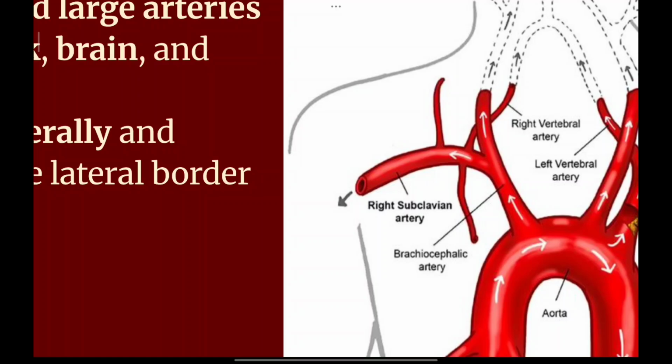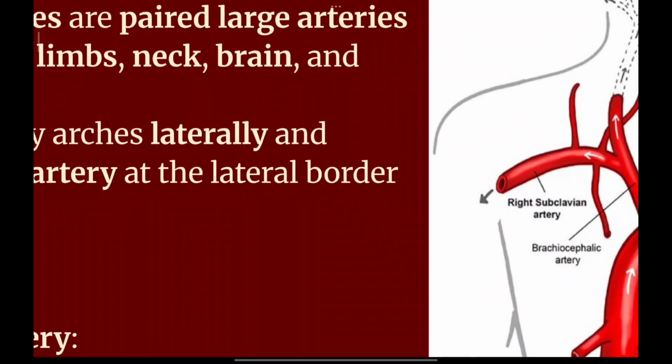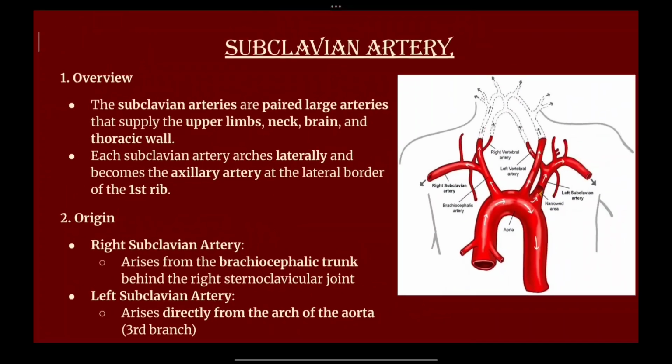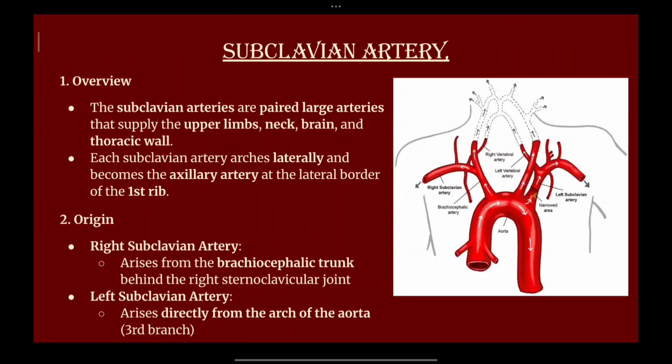So this is the right subclavian artery, which arises from the brachiocephalic trunk behind the right sternoclavicular joint. Now the left subclavian artery is arising directly from the arch of aorta, that is the third branch of the arch of aorta. So it is not dividing as in the case of the right subclavian artery, where there is a brachiocephalic artery; the left subclavian artery arises directly from the arch of aorta.